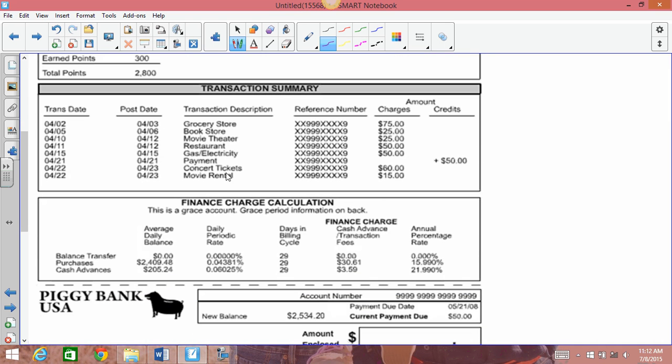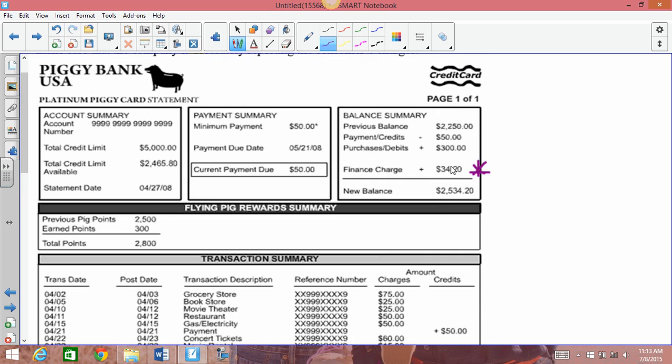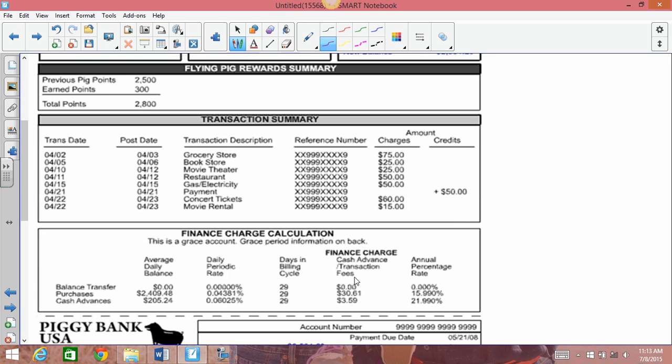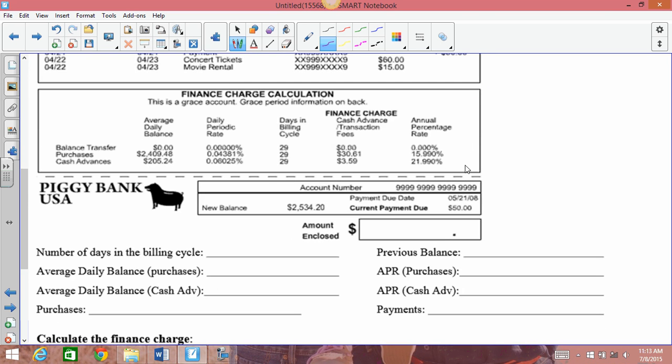So that's where we want to look, here in the middle, the finance charge, and this has to do with the average daily balance and the interest rates associated with that, and the days in the billing cycle. You can see that they've already computed these values, so if you were to add these two values together, that should total up to the 3420. So let's make sure that these two values are correct.